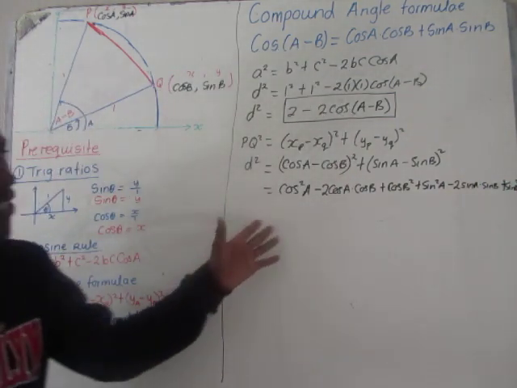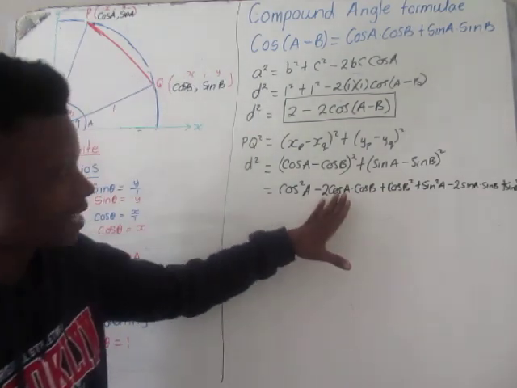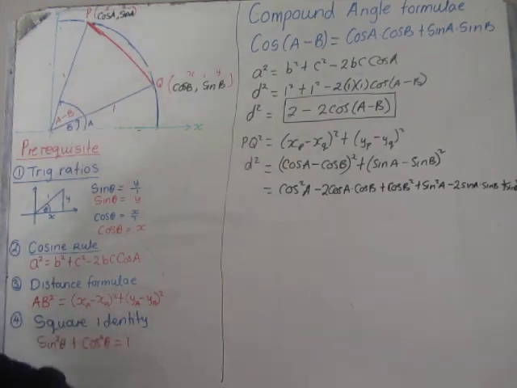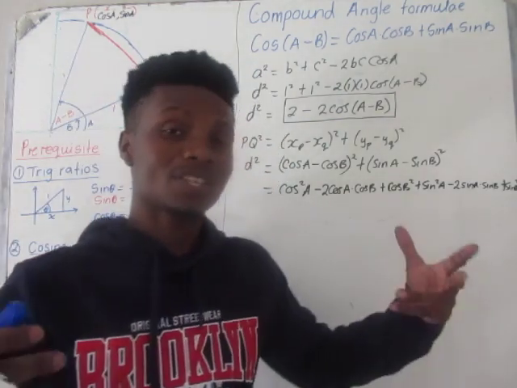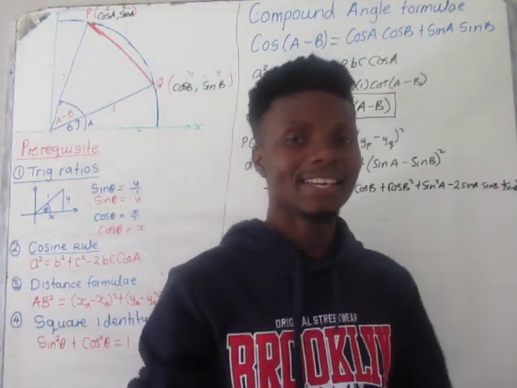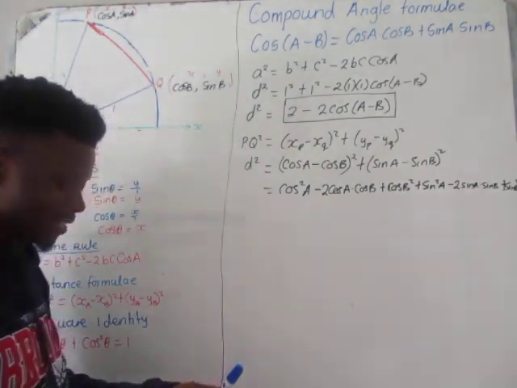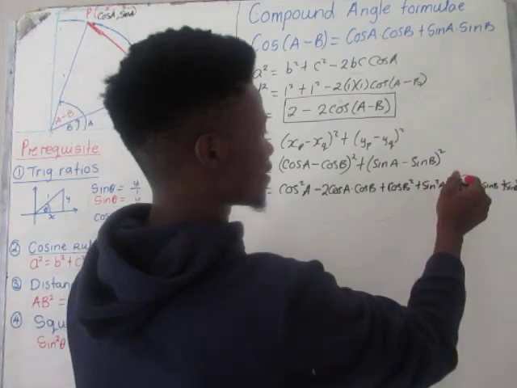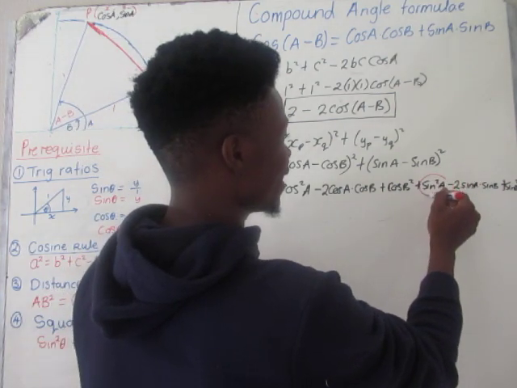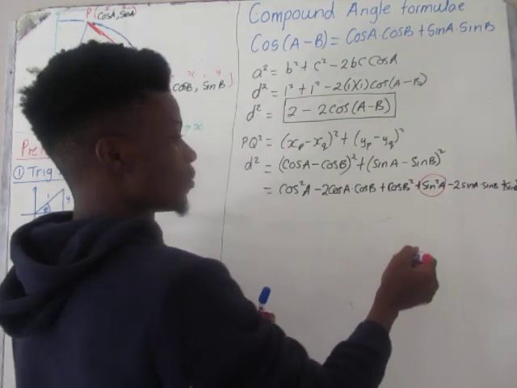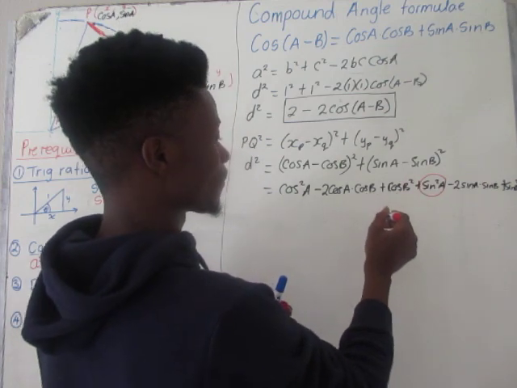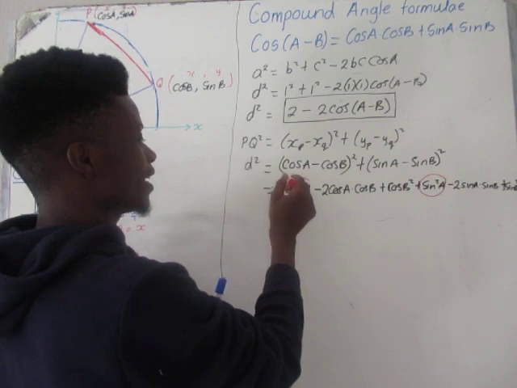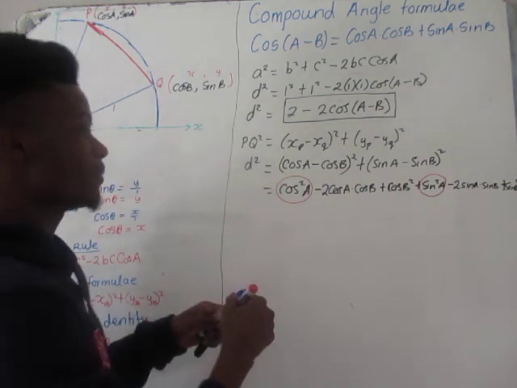From this point, we still remember that there's some sine squared, cos squared there, and that's where the square identity comes in. Sine of a certain angle squared plus cos of the same angle squared equals 1. So I'm going to circle these in red. We have sine squared A plus cos squared A. When we add them, they give us 1.